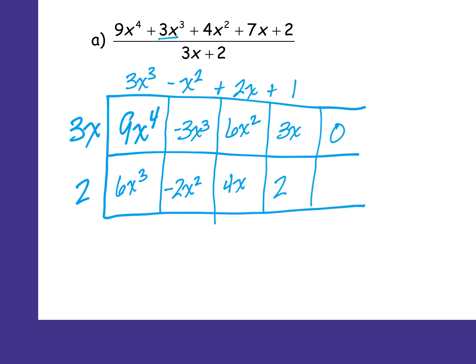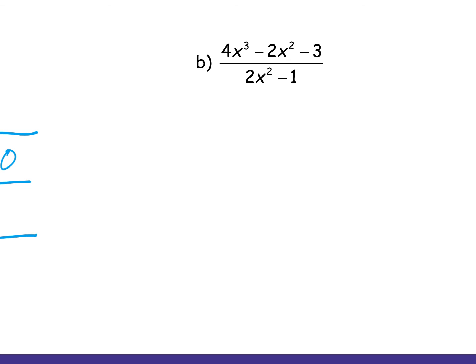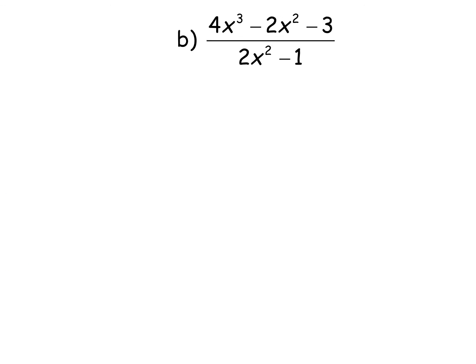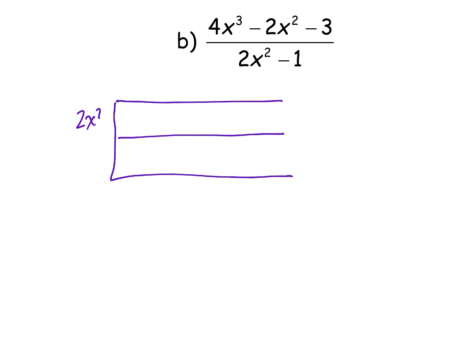Next one, however, super hard. It's not super hard. It's complicated, which is not necessarily hard, right? So if I do it by the box, I'm going to make it big because I want to have room. So if I do this box method here, I've got 2x squared minus 1 and 4x cubed, right?